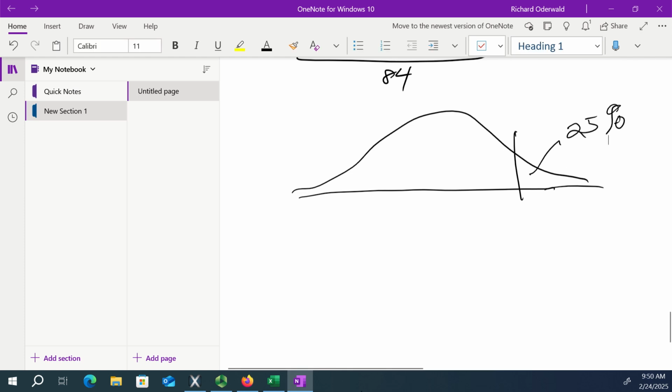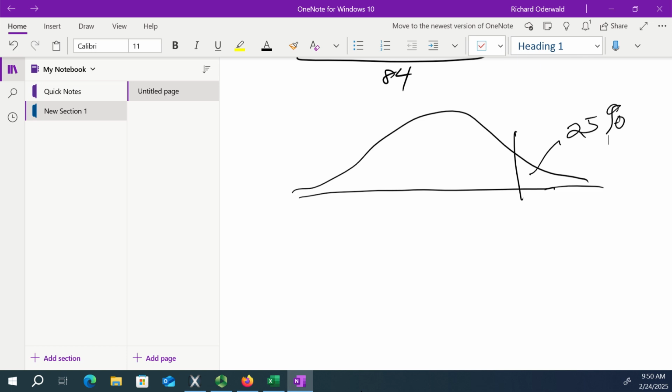What do I have to give the command? Which command, dist or INV? Dist, I give it a number, it gives me an area or a probability. INV, I give it a probability, it gives me a number. So this one is INV.